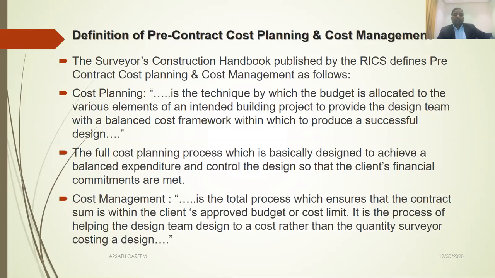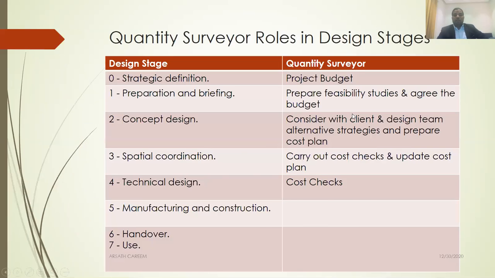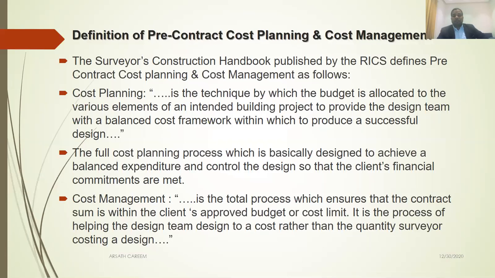Also, the RICS handbook defines cost management. It is a total process which ensures that the contracts are within the client approved budget or cost limit. This one, the cost control or cost management, from 1 to 7, all the process is called cost management.